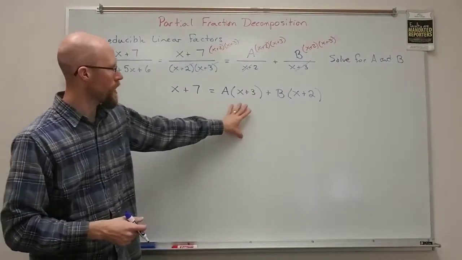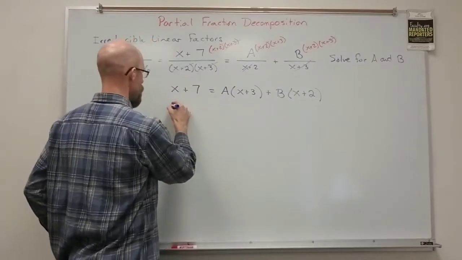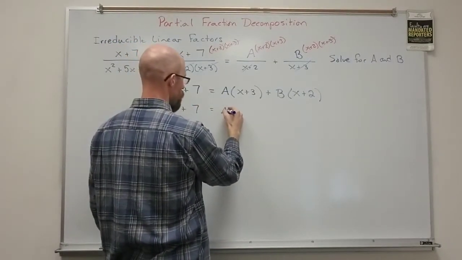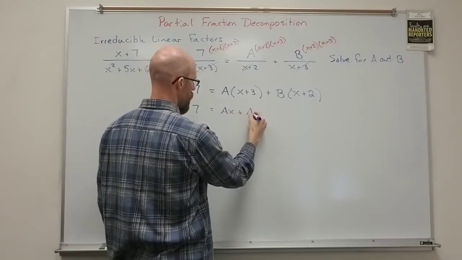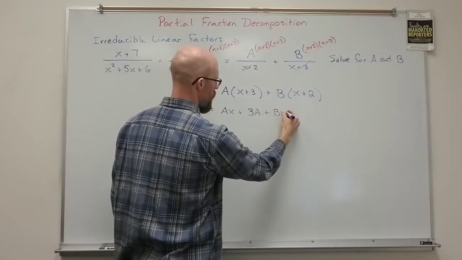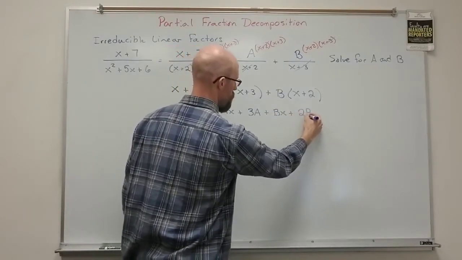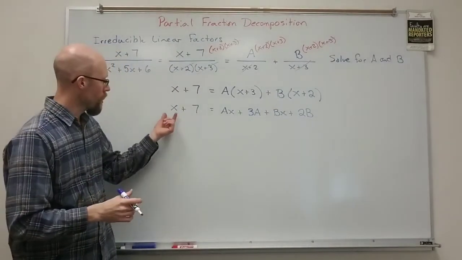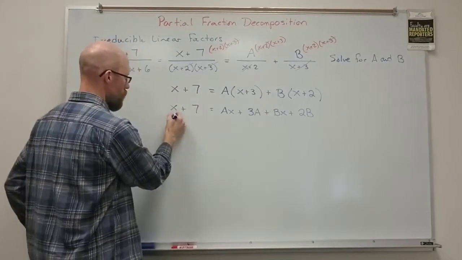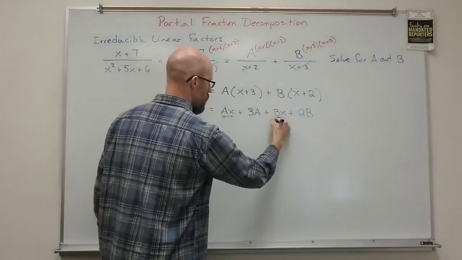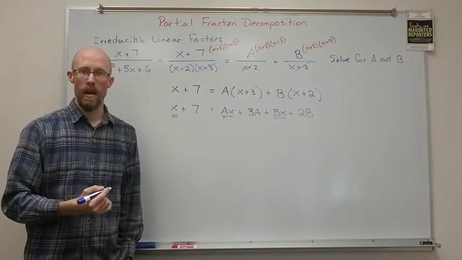But if I expand this right side out, what you'll find is that you can match up terms. So I get ax plus 3a plus bx plus 2b. Now if I isolate my terms properly, you'll notice that the x term on the left side must match up to the sum of the x terms on the right side.